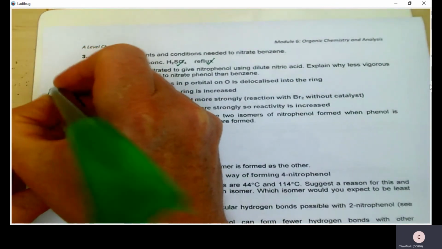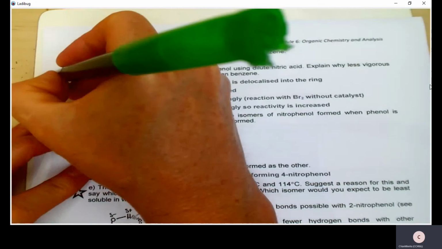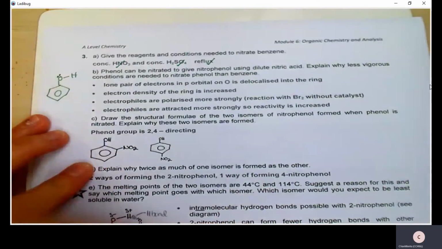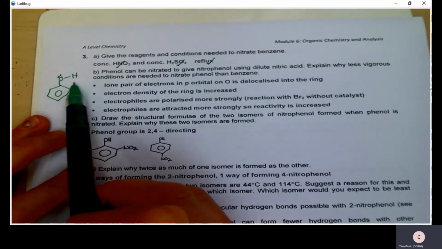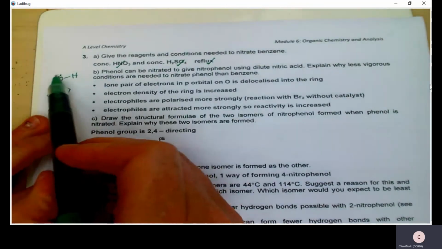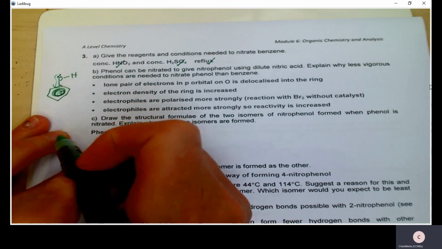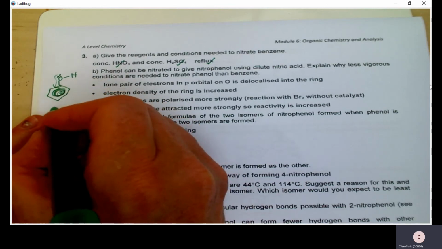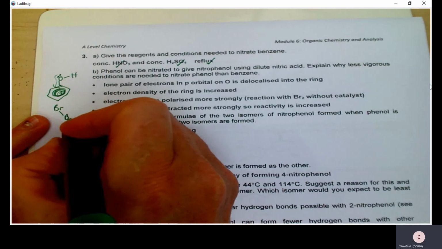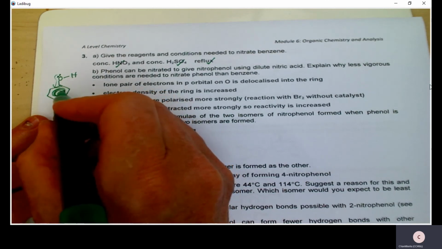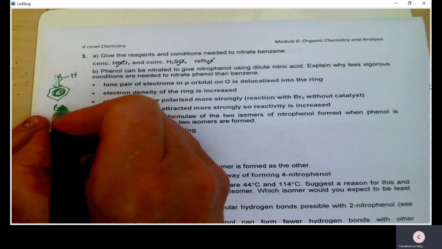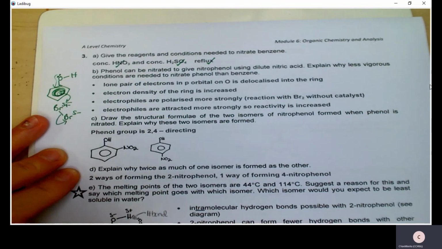This is all about the electrons in the p orbital on the OH group being able to be delocalized into the ring, and then that's going to enhance the electron density of the ring, which means when a molecule approaches the ring, because we've got a greater electron density here, we're going to induce more of a dipole here, and then we're going to have stronger attraction, and so we can have a reaction without an electrophile.